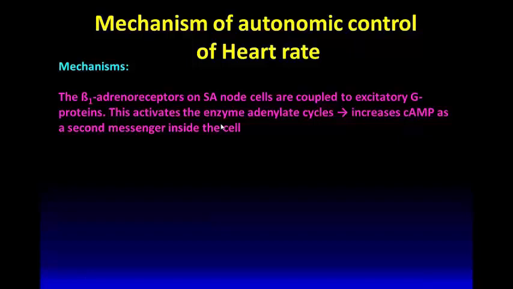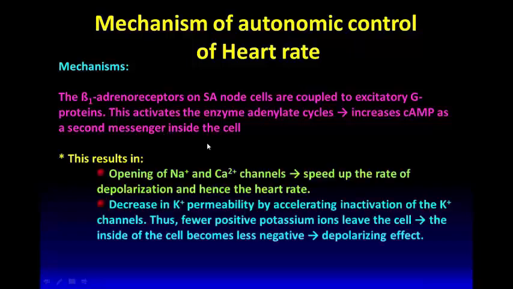Adenylate cyclase converts adenosine triphosphate into cyclic adenosine monophosphate. Hence, the level of cyclic adenosine monophosphate increases in the cells of the sinoatrial node, and cyclic AMP acts as a second messenger inside the cells of the sinoatrial node.